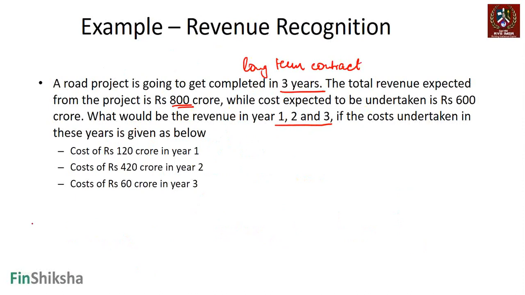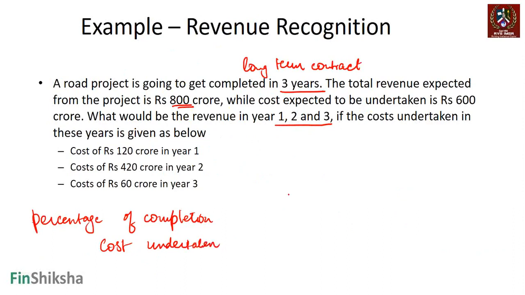In a long-term contract, remember, we use the percentage of completion method. And how do you look at what percent is complete? You look at the cost undertaken already, right? So the total cost is 600. This is year 1, this is year 2, this is year 3, right?